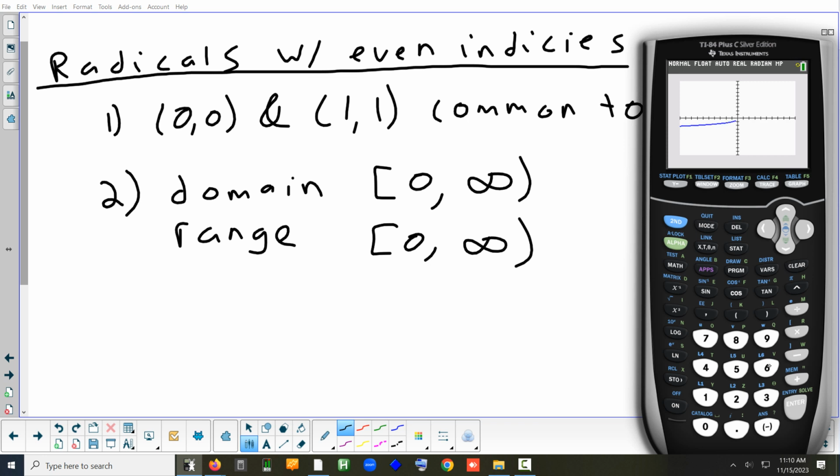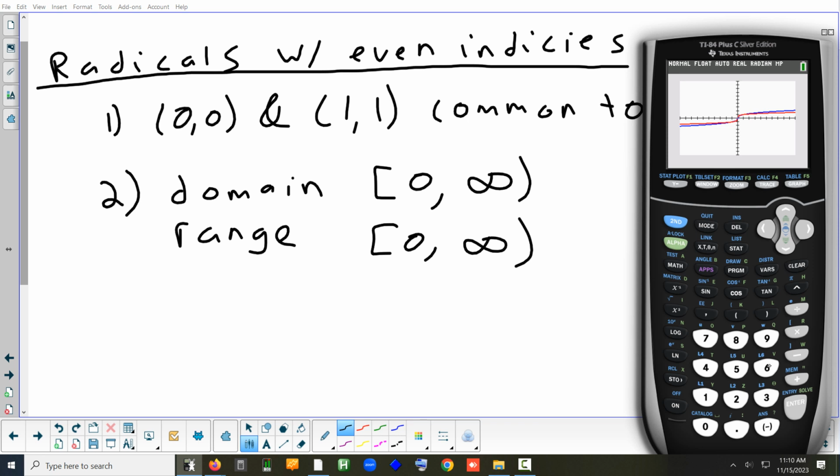What's one thing you notice that's really different right away with a cube root? It's an S. Okay. Can you be a little more mathematical? It's a parabola that's twisted. Okay.